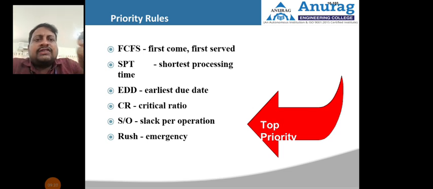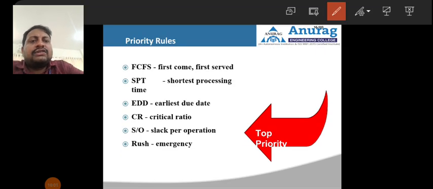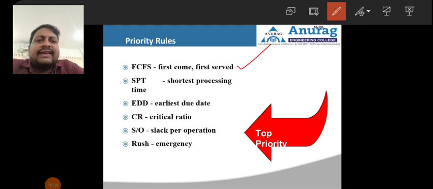With shortest processing time, the first operation goes to the one with the shortest processing time. In this example of drilling, boring and knurling, knurling takes less time, so I will do the knurling operation first. So in the scheduling priority rules, the first one is first come first serve and the second one is shortest processing time.